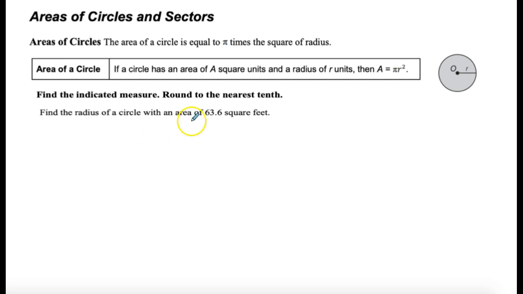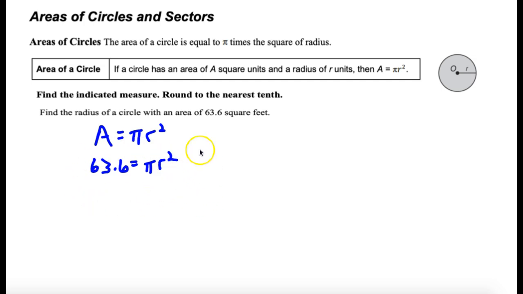Okay, so let's say we're given the area, and we need to find the radius. Right? So we're still going to use our formula. Area equals pi r squared. But now this time I know that the area is 63.6. So I'm going to plug 63.6 in for the area.